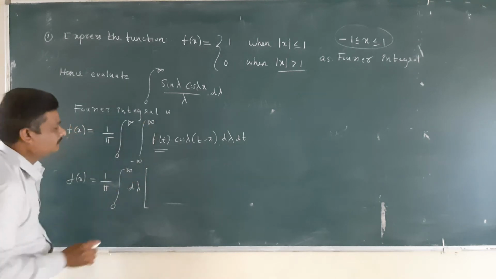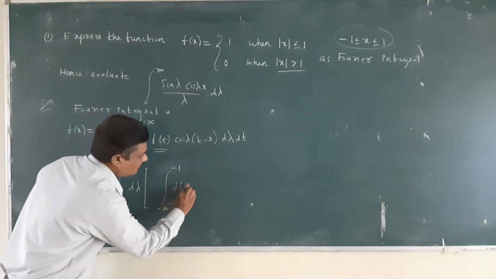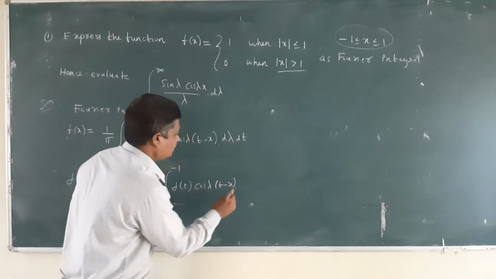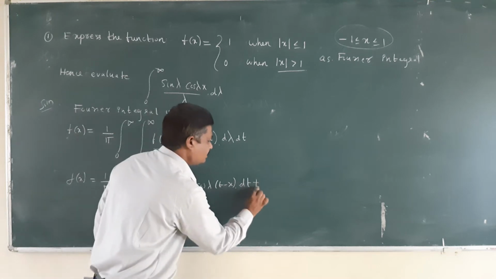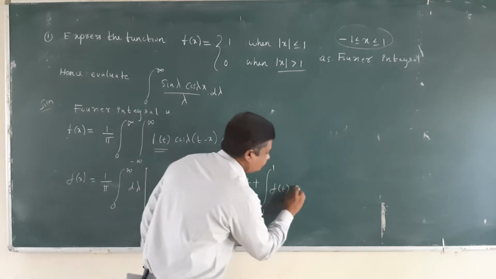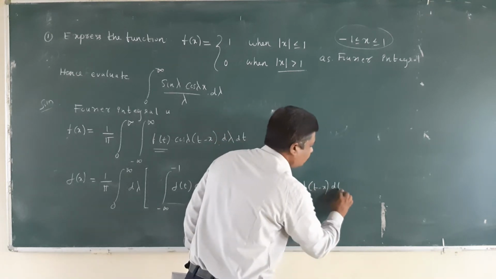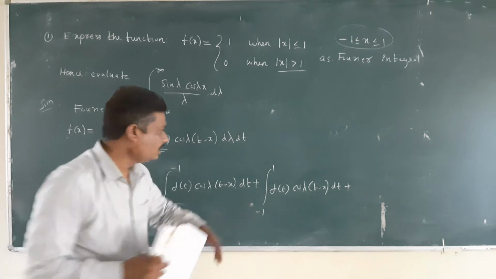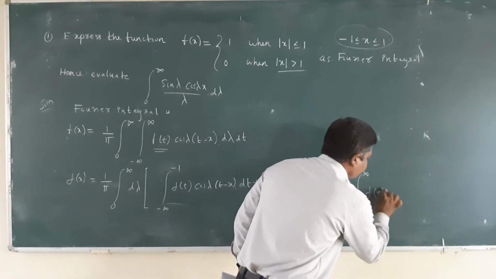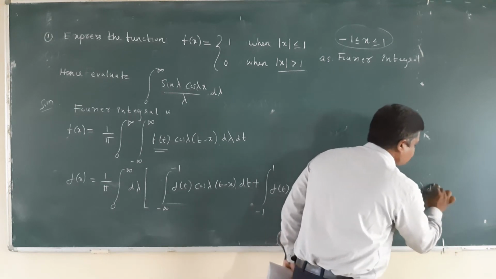So I split this integral like minus infinity to minus 1 f of t cos lambda into (t minus x) into dt, plus minus 1 to plus 1 f of t cos lambda into (t minus x) into dt, plus 1 to infinity f of t cos lambda into (t minus x) into dt.